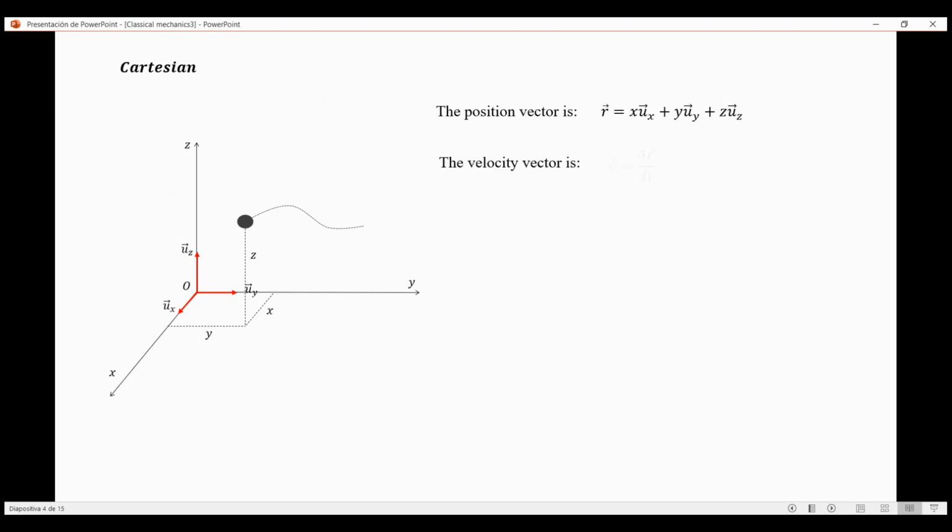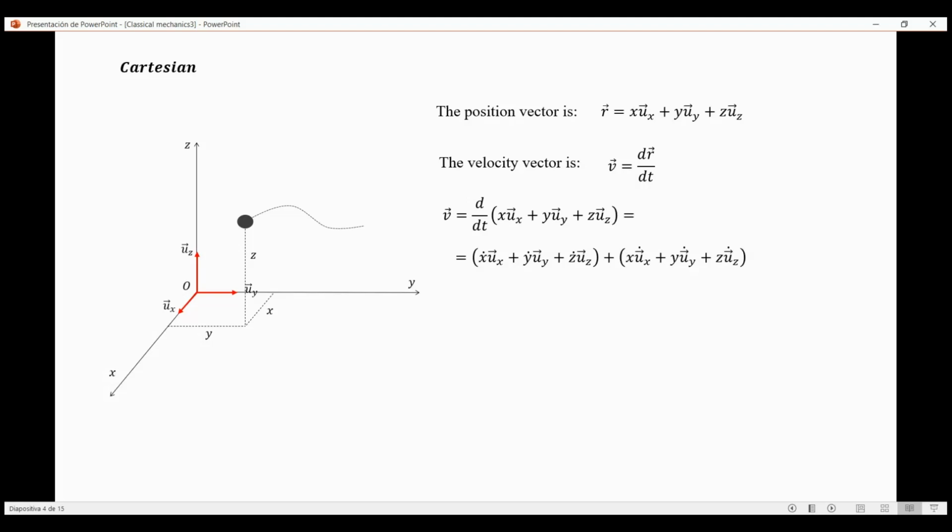To get the velocity, we just have to derive the position vector in time. In principle, although probably most of you are familiar with this, applying the chain rule, Leibniz rule of derivatives, we've got the derivative of the first and the derivative of the second, keeping the first constant.